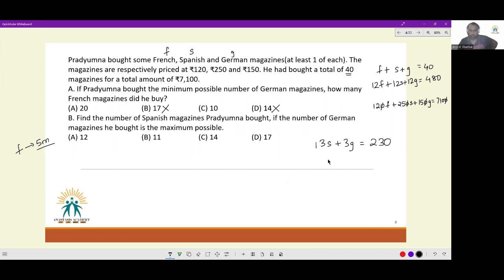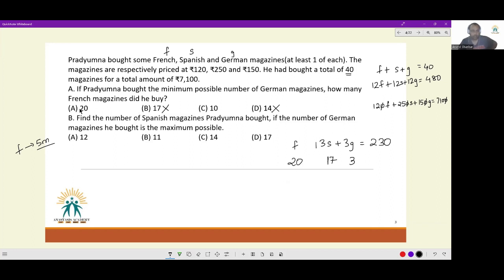Now, I'm going ahead and writing down possible cases. 13 into 17 is 221. So S is 17 and G is 3, and I know F plus S plus G is 40, so French magazines will be 20 here.